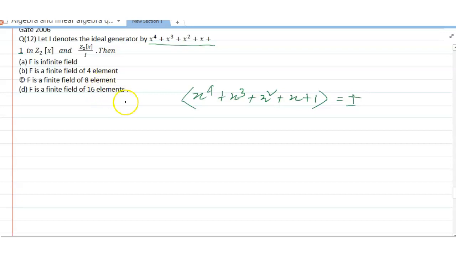And the elements of Z2 are 0 and 1, so f(0) is equal to 1, which does not equal 0.